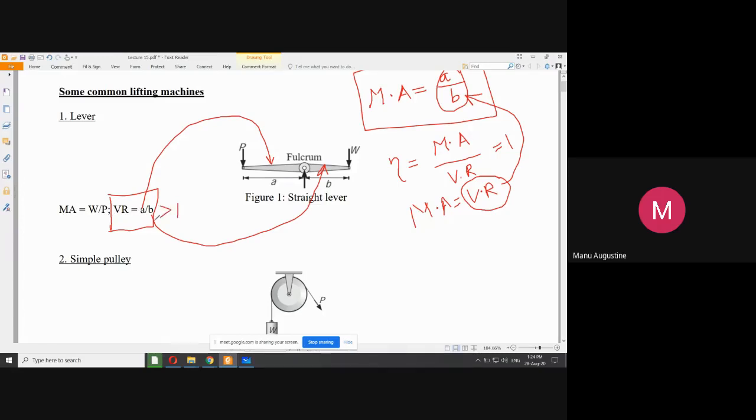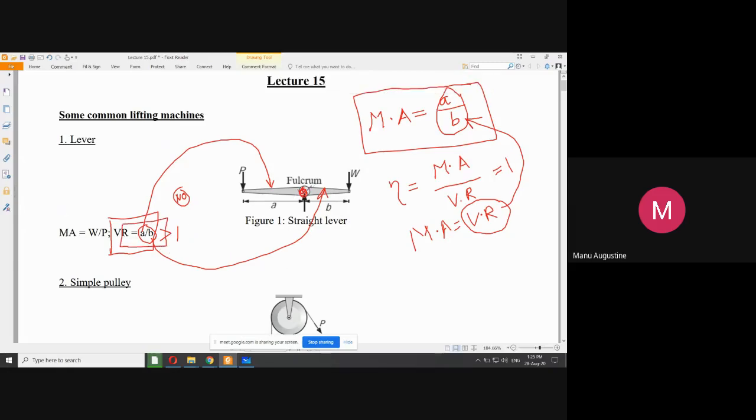Okay. Now, I ask you a tricky question here. What will happen if there is friction in the fulcrum? Will the velocity ratio change from A by B? The answer, surprisingly, is no. The velocity ratio will remain equal to A by B. What is going to change if friction comes here?